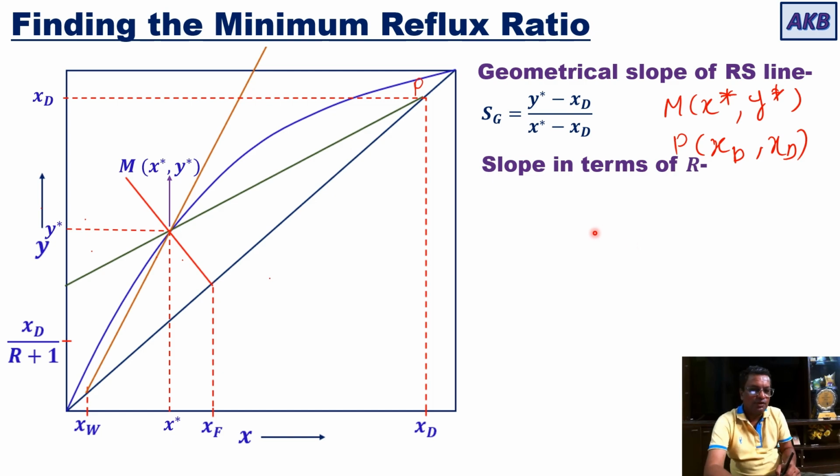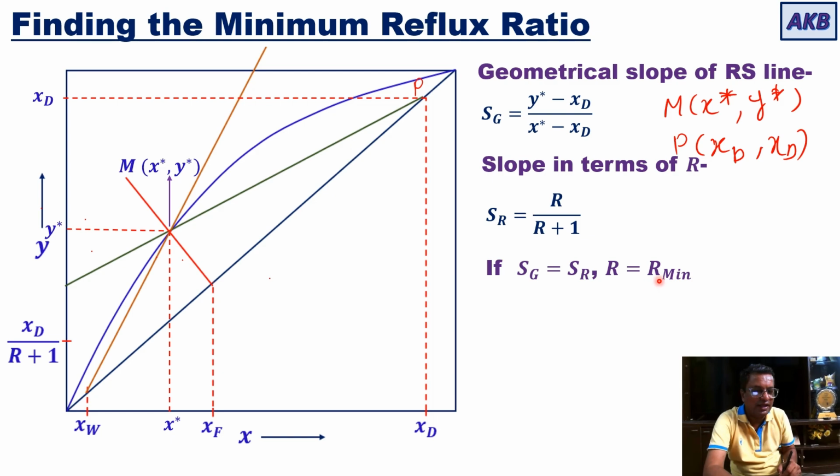Now, you also know the slope of the rectifying section line in terms of R. It is given by this equation: SR is equal to R upon R plus 1. So, if these two slopes, the slope in terms of R and the geometrical slope, are equal, that means R is having its minimum value.